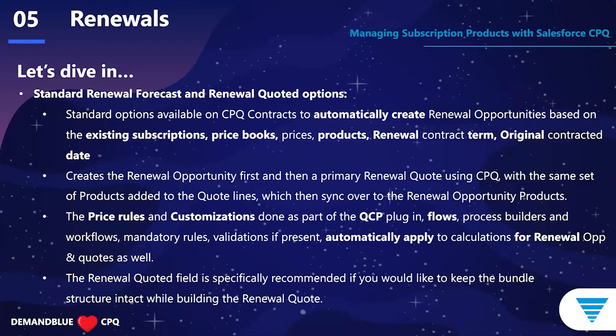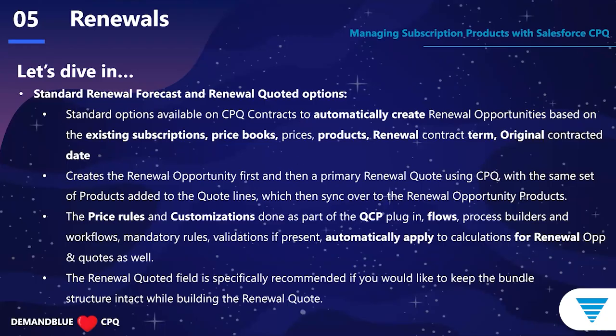The thing to remember is any price rules and customizations that are done either in QCP or any flows, process builders, workflows, any mandatory rules, validations if present, will also automatically apply to the calculations for renewal opportunities and quotes. And the renewal quoted field is specially recommended if you would like to keep the bundle structures intact when you're building the renewal quote, in case you have products created like bundles with various options within CPQ, and those have been added to your contracts.